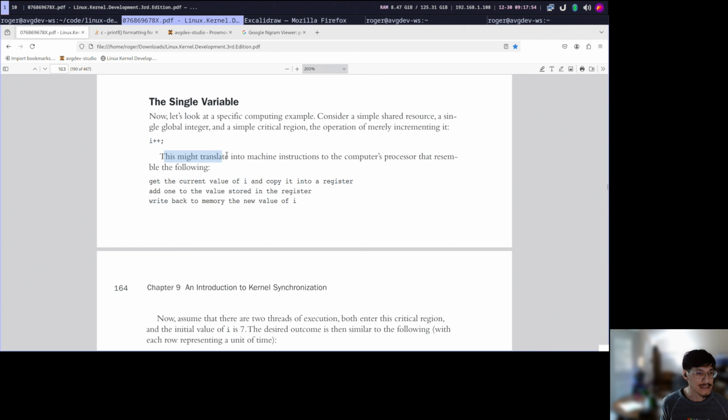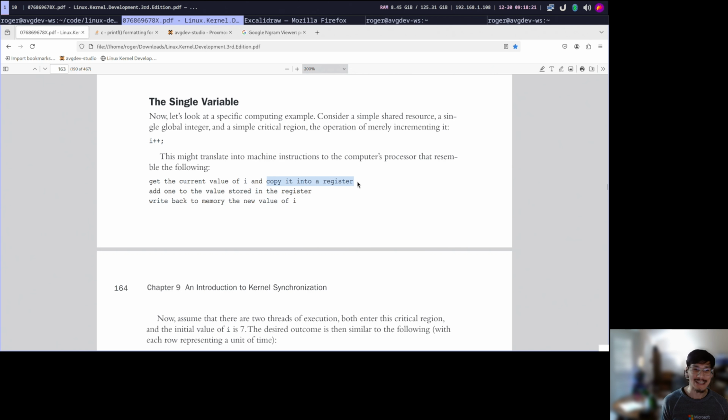This might translate into machine instructions to the computer's processor that resemble the following. So this single increment, okay, it actually does a lot in machine code. So let's see what it is actually doing. It gets the current value of i in the memory address, and copies it to a register.